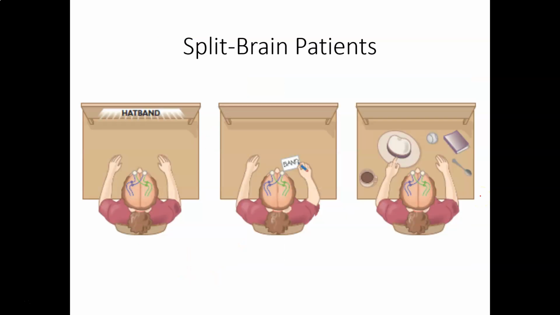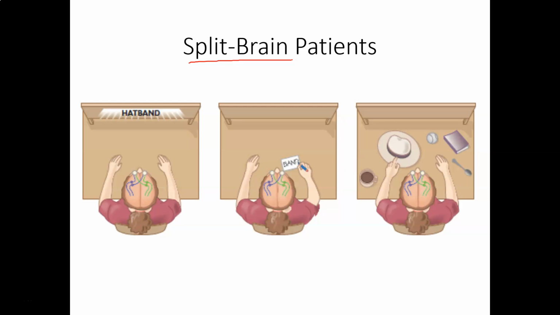There are, in fact, patients who have severe epilepsy, where medication doesn't help them and they end up with hundreds of seizures a day. They end up cutting their corpus callosum, and those patients are called split brain patients. I want to mention why this is an important treatment for seizures that don't respond to medication.